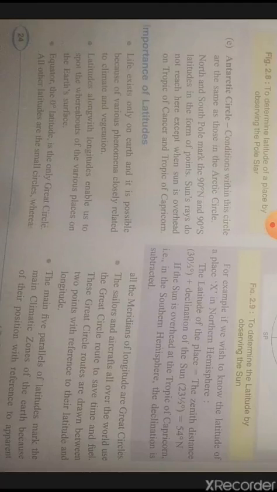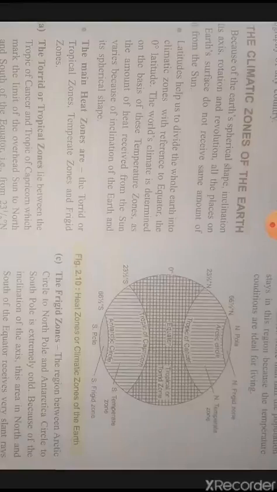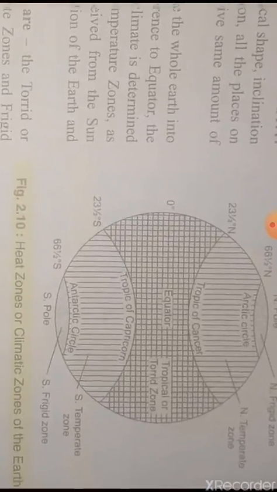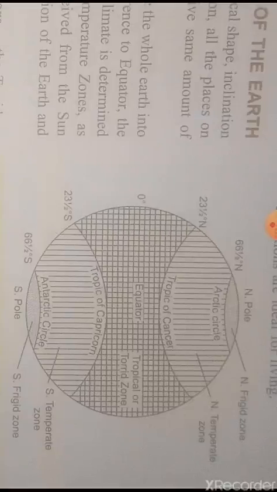Now let us study about the climatic zones or heat zones. The three main heat zones are torrid zone, temperate zone and frigid zone. Torrid or tropical zone lies between Tropic of Cancer and Tropic of Capricorn, 23.5 degree north to 23.5 degree south.